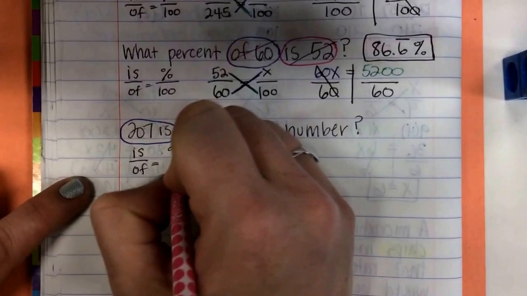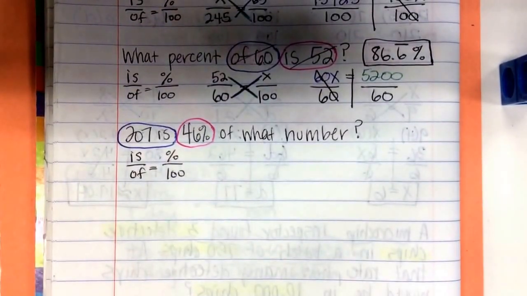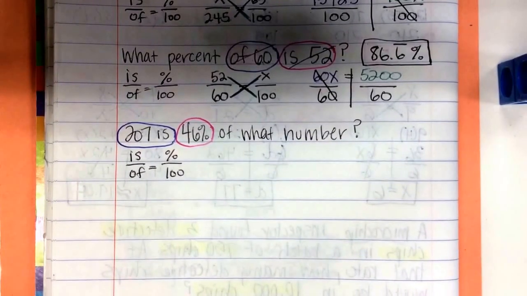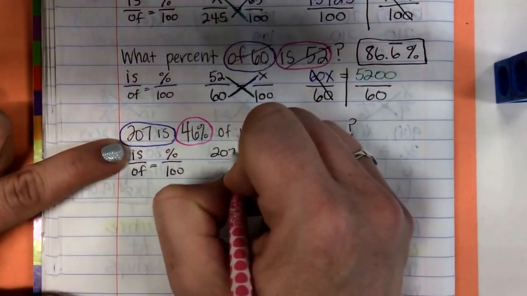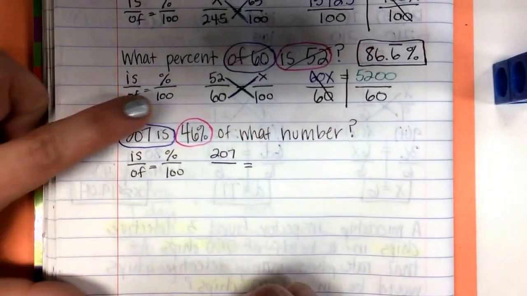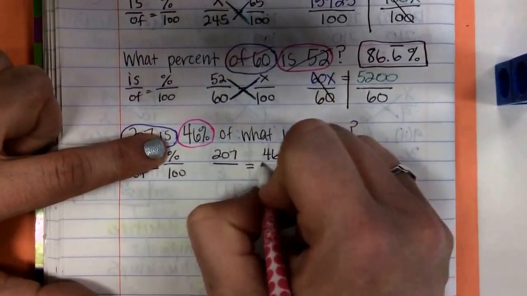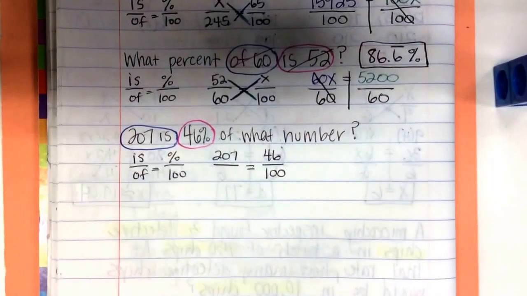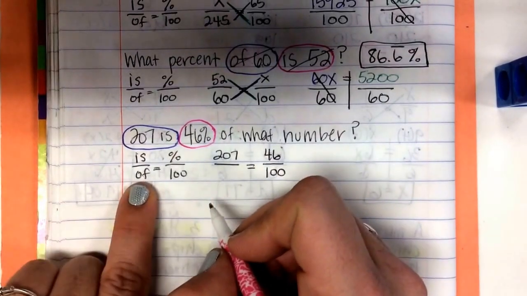The numerator of the other fraction. So here we go. Is over of equals percent over 100. You told me 207 is the is. You also told me 46 goes with the percent. What should I put for of?